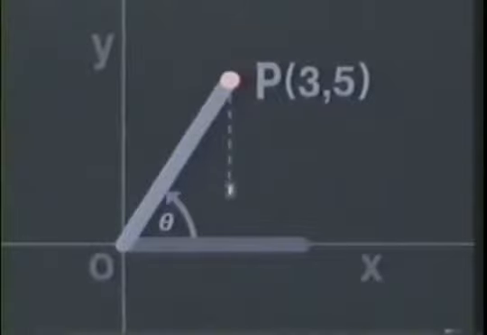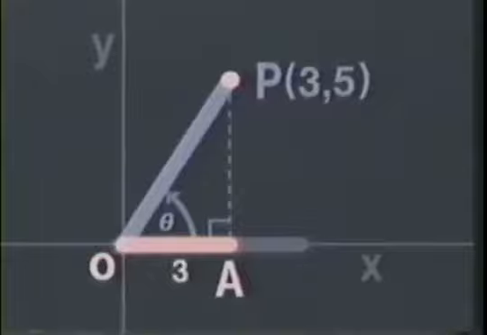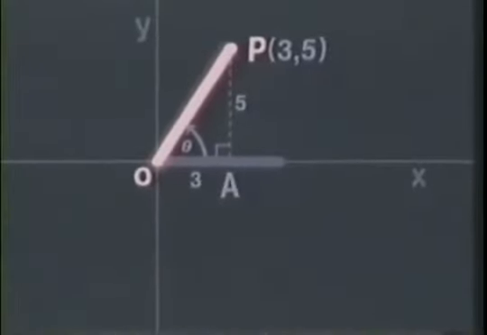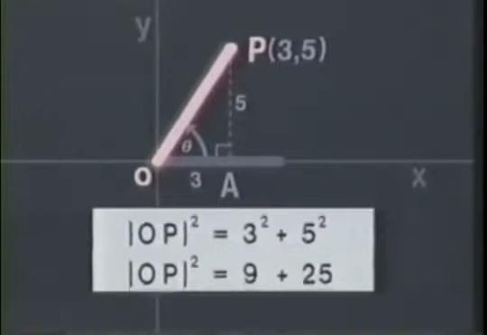If we drop a perpendicular to the x-axis, we create the necessary right triangle. The perpendicular is PA. The length of OA is 3 units, and PA 5 units. Using the Pythagorean theorem, the length of OP can be found.